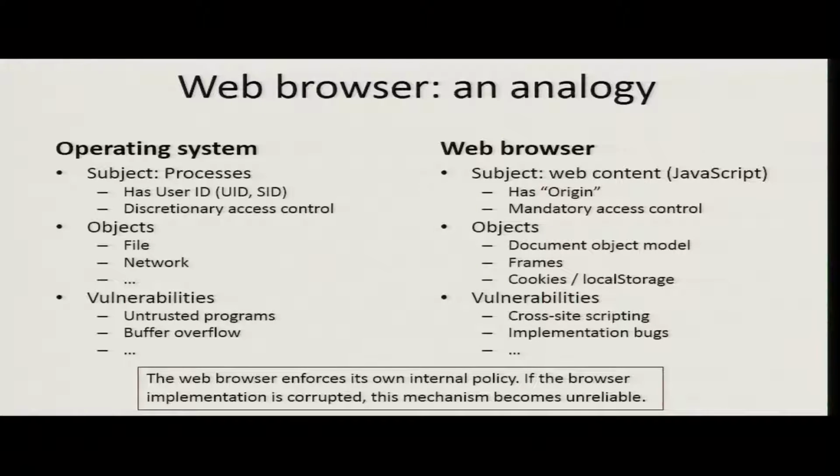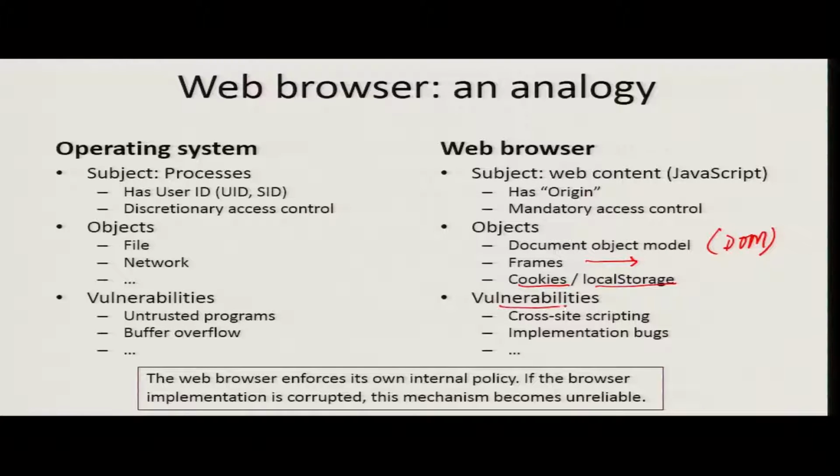The objects we are looking into are the document object model, or DOMs. DOMs are the data structures that are basically an internal representation of the document that is being displayed. For example, frames are sort of a unit of isolation in case of web browser, and then for storage we see cookies and some local storage.